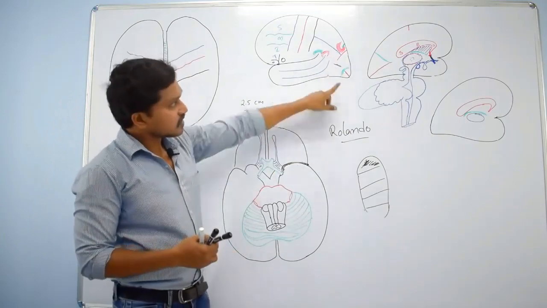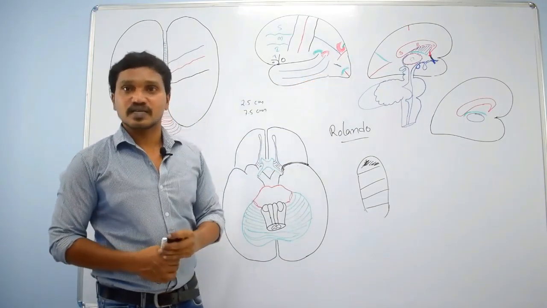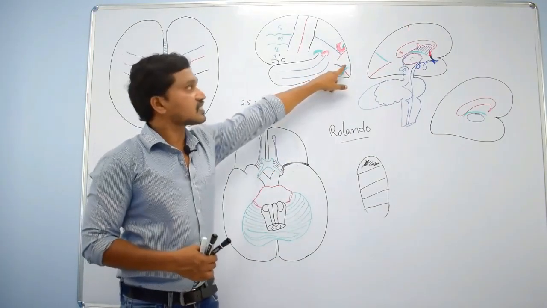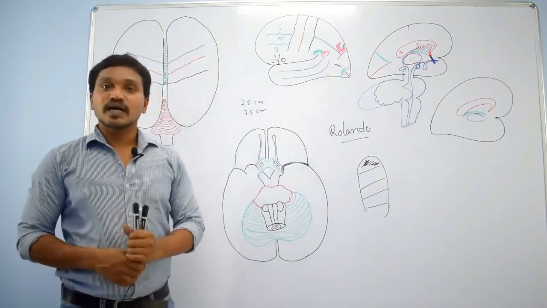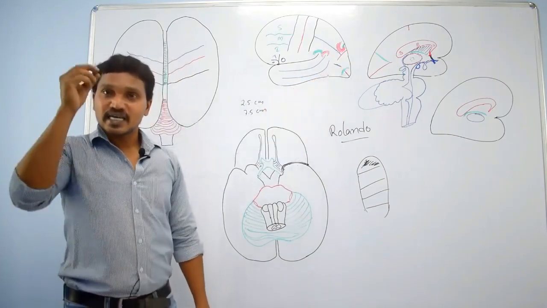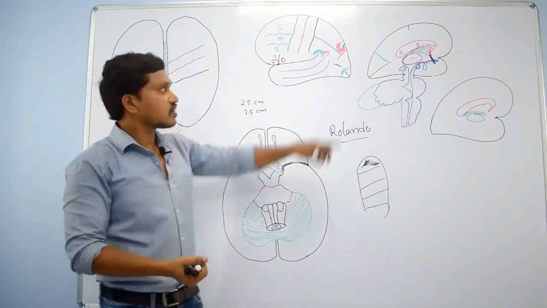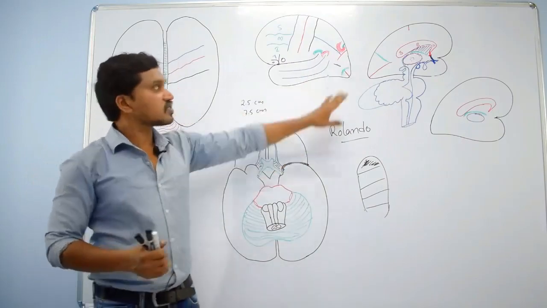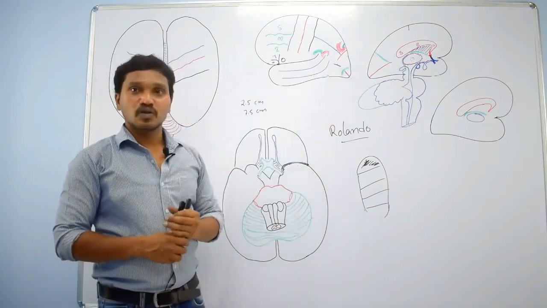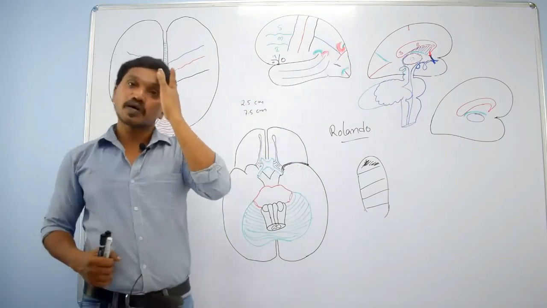And in between the lunate sulcus and the lateral occipital sulcus, one gyrus is there descending down. This gyrus we call the gyrus descendens, right? So this is about the occipital lobe. Clear? So this is totally about the superior lateral surface.